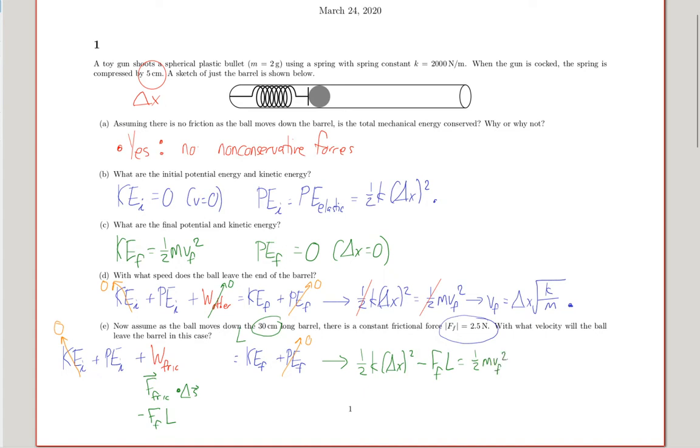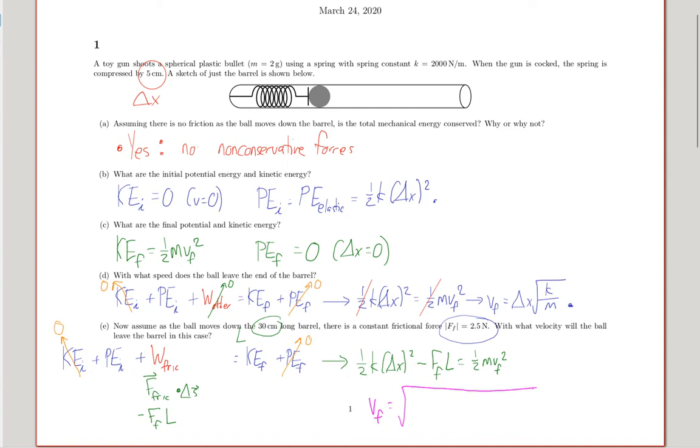So now, when we substitute this in, we're going to get, in the end, that v final is going to be the square root of a whole bunch of stuff.